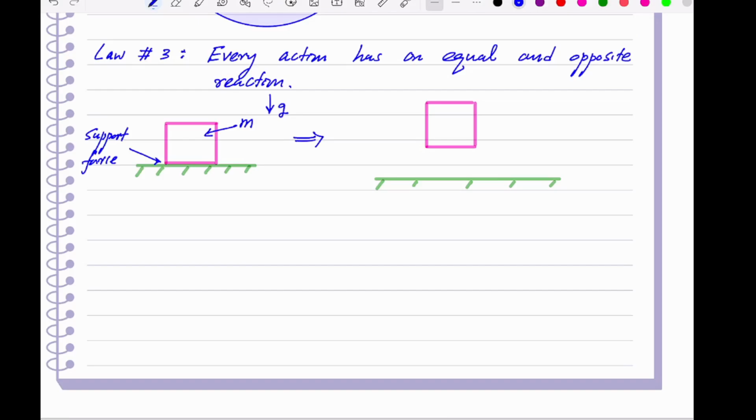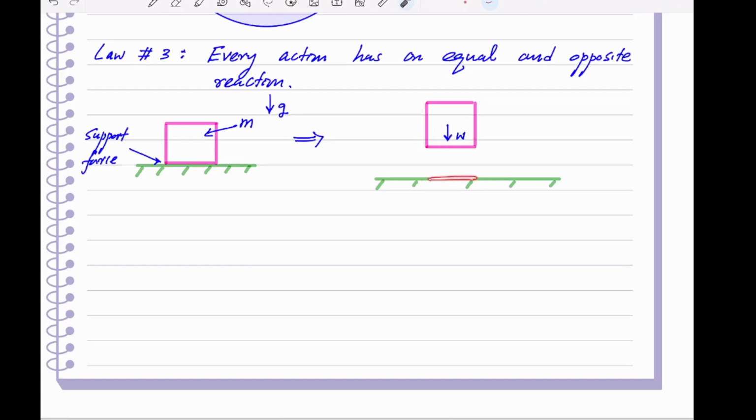Now suppose you have the support force here, but I have enlarged it so that we can see the forces acting on that. There will be a weight force. Because of that weight force, this surface is going to touch on this, and then this surface is going to feel this weight force.